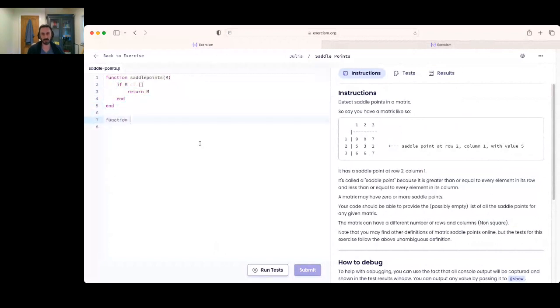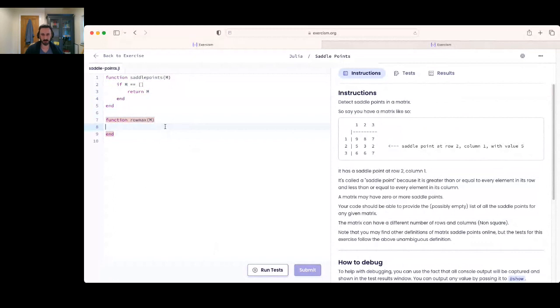So we have a function called, we want row max, and we're going to give it the matrix. Let's have a think about how we're going to do this.